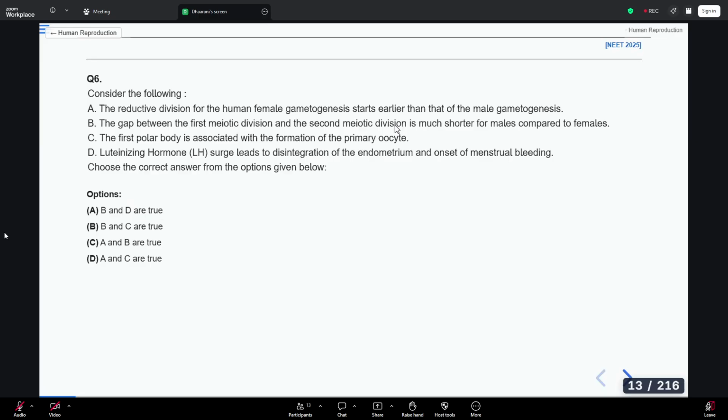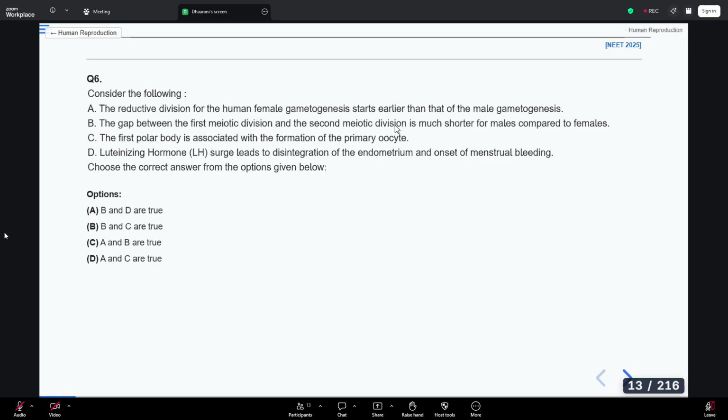The first polar body is associated with the formation of primary oocyte. Next option, luteinizing hormone surge leads to disintegration of the endometrium and onset of menstrual bleeding. So you have to choose the correct answer from the options given below. Select the correct answer.